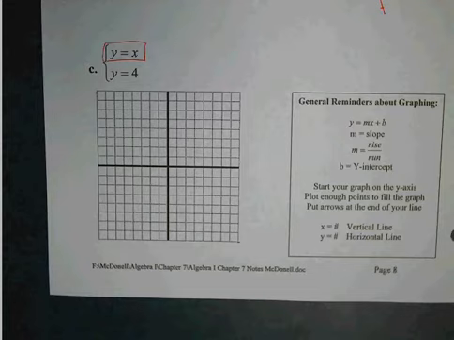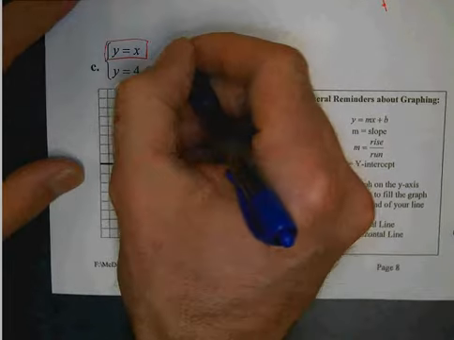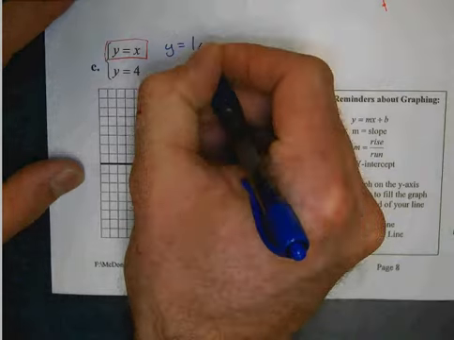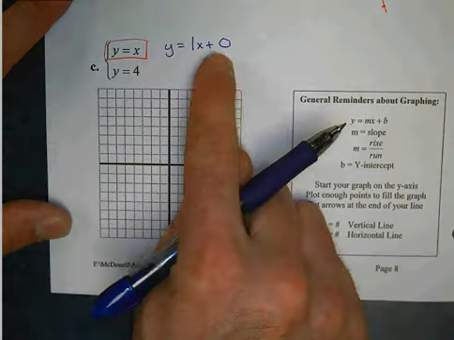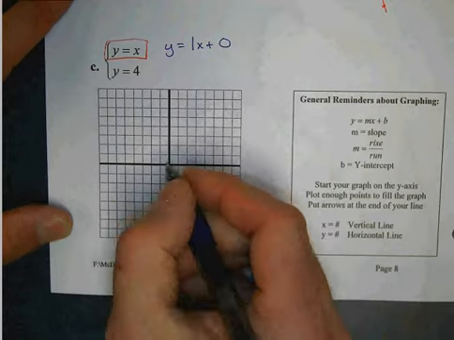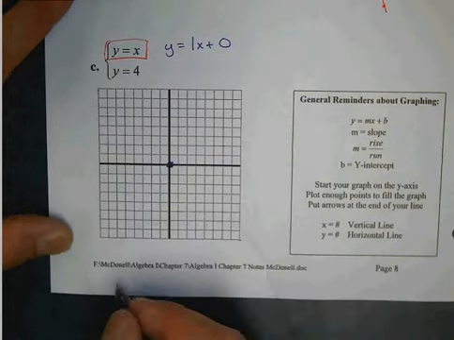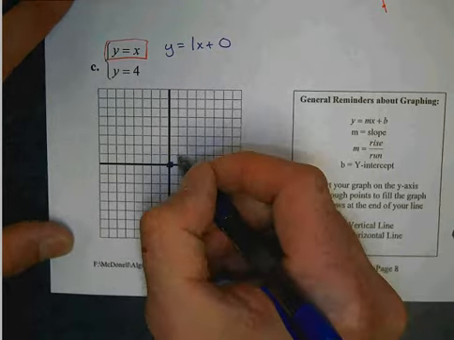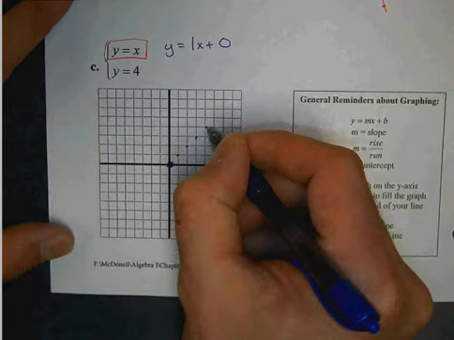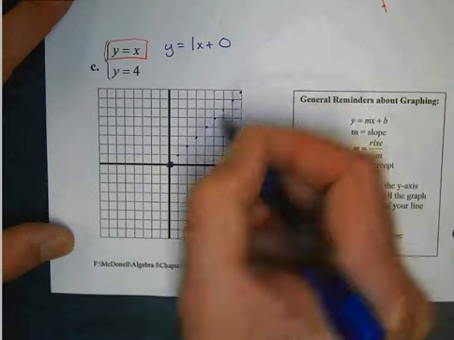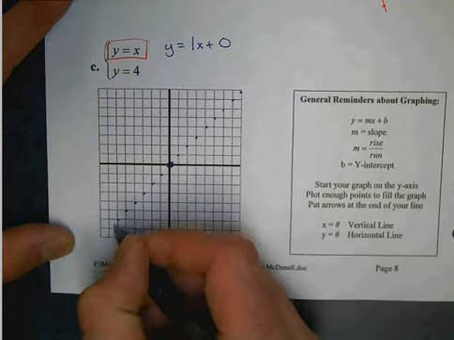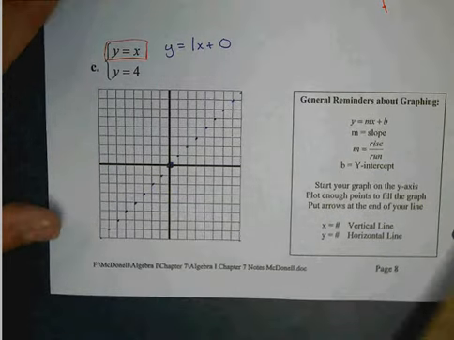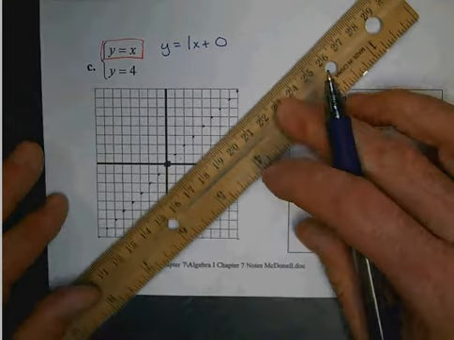I want to rewrite this for you in a way that maybe will help you. y equals 1x plus 0. Where do I start? At 0. What is my slope? Yeah, 1 over 1. It's a perfect 45-degree line. And sometimes that little trick helps. So draw that line.